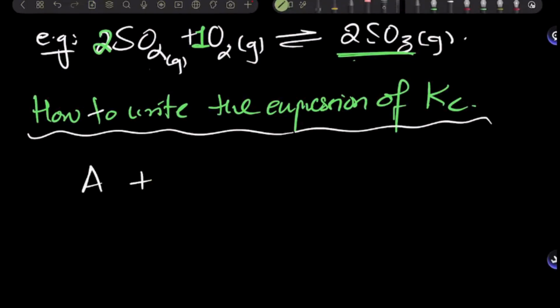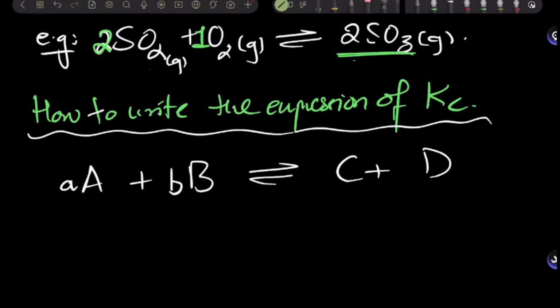If you have A and B reacting to give you C and D, and this reaction is at dynamic equilibrium, then small a moles of A react with small b moles of B and give you small c moles of C and small d moles of D. The small letters are the molar coefficients over here.